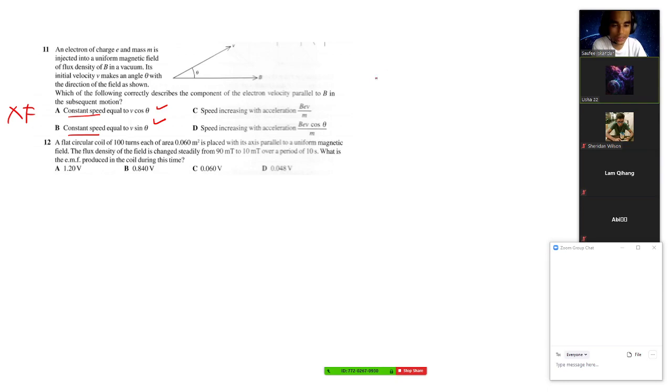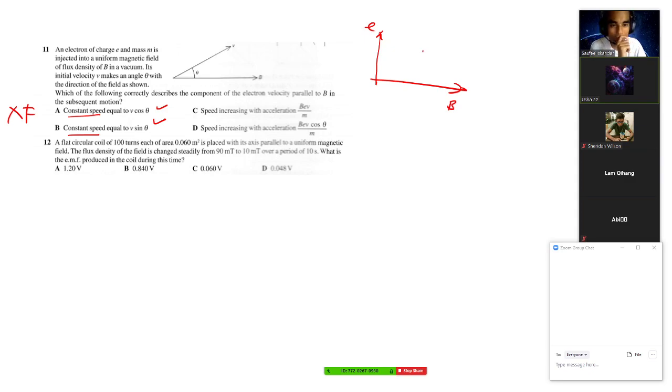So in this case, let's say this is B and this is the electron. If the electron's velocity is perpendicular to B, will there be a force or not? If the direction is perpendicular to B, will there be a force acting on the electron or zero force?